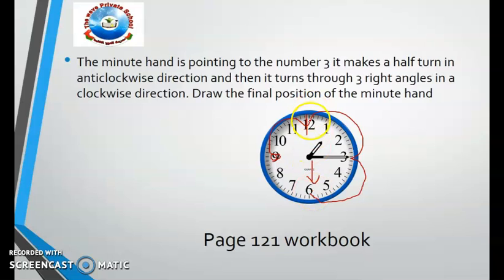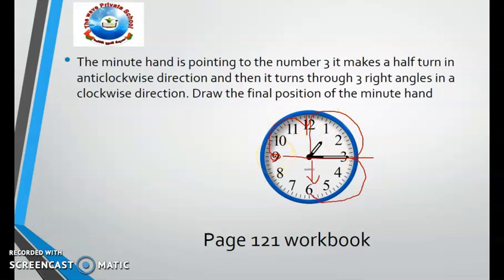This is a circle. You can divide this circle into 4 quarters. They said it was here in that position, then it has to make 3 right angles from this position: 1, 2, 3. I will teach you again. The minute hand is pointing at the number 3. They said to make an anti-clockwise half turn.